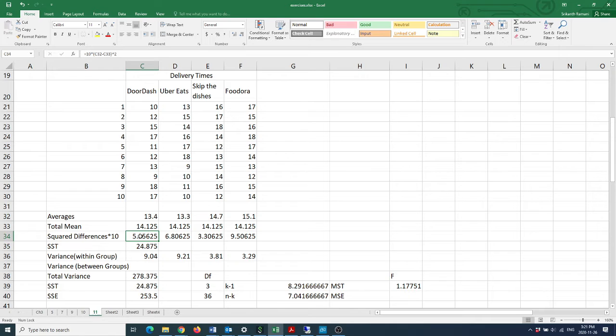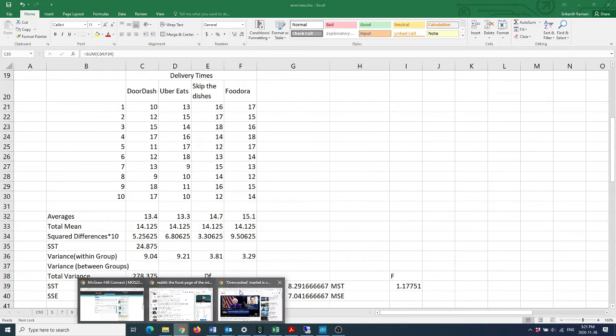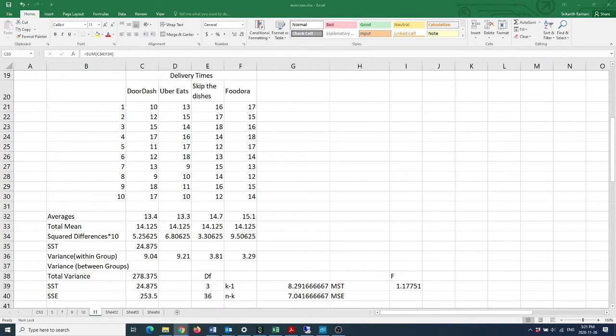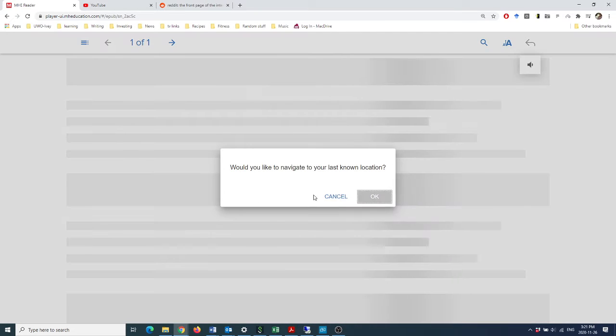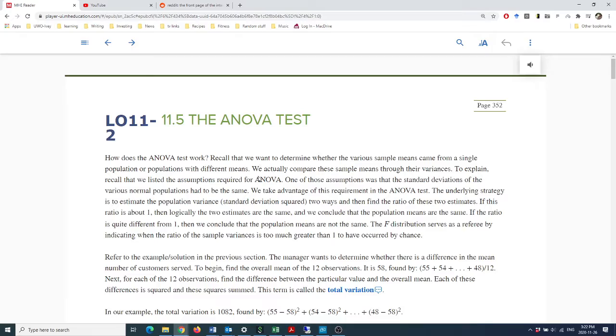And once you have the squared differences multiplied by 10, and you sum them all up, that is going to be your sum of squares for the treatments. From your textbook, I think it's shown as, okay, go back.